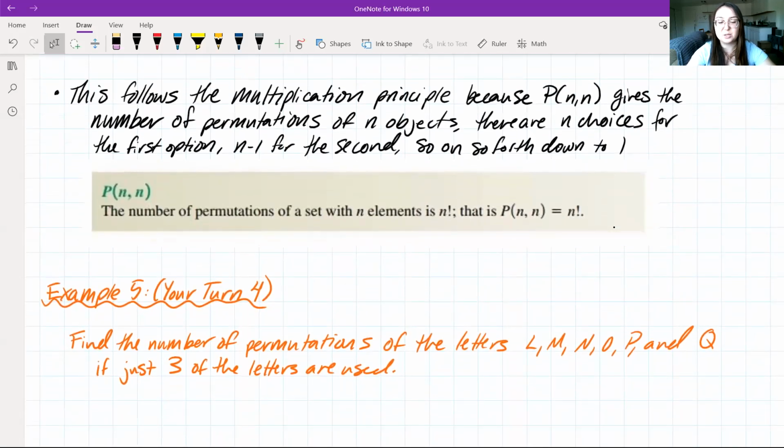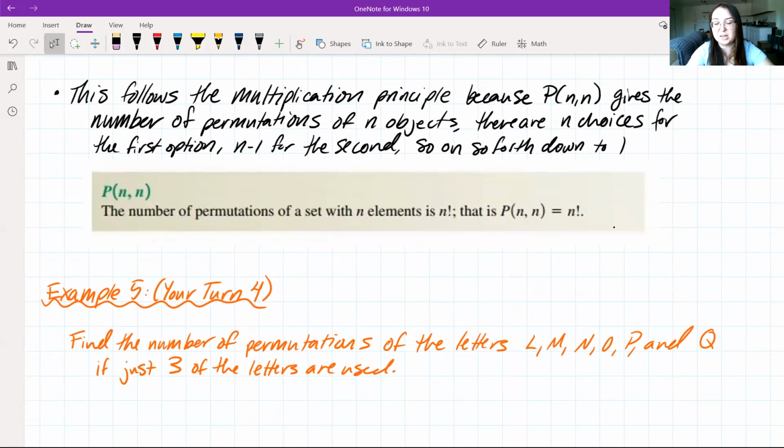So we see that permutations follow the multiplication principle because P of n gives the number of permutations of n objects, therefore n choices for your first option, n minus 1 for the second, and so on down to 1. So P of n comma n, the number of permutations of a set with n elements, is n factorial.